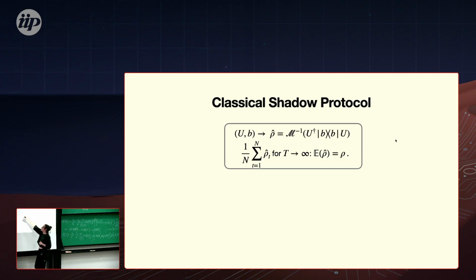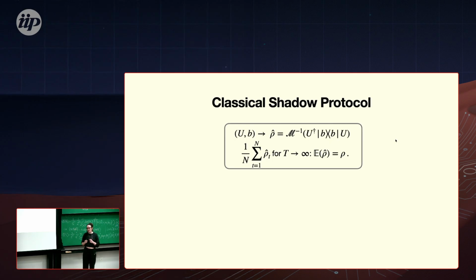That's not capital T, but that's capital N, to infinity, then we will recover our quantum state, rho. And now you can be like, wait, but we didn't want that. We didn't want to do quantum state tomography. Why do you tell me that we can do quantum state tomography with that?